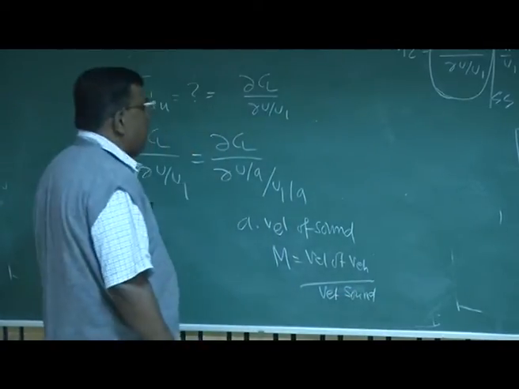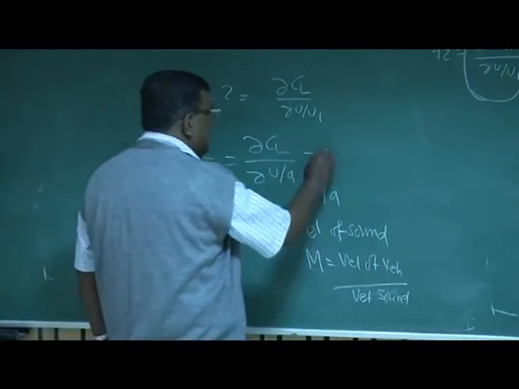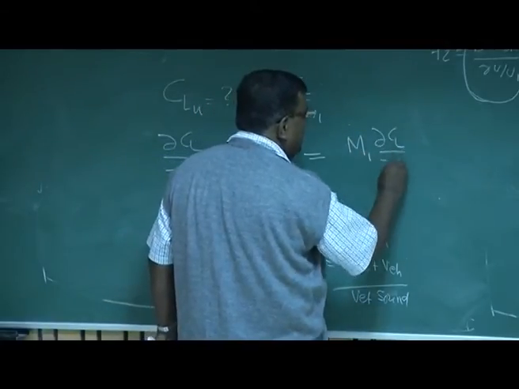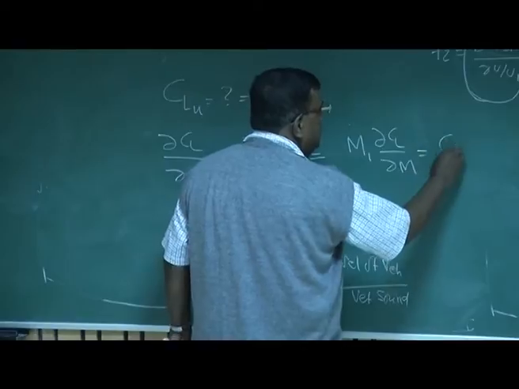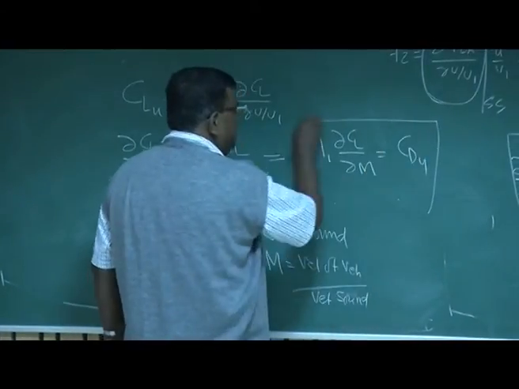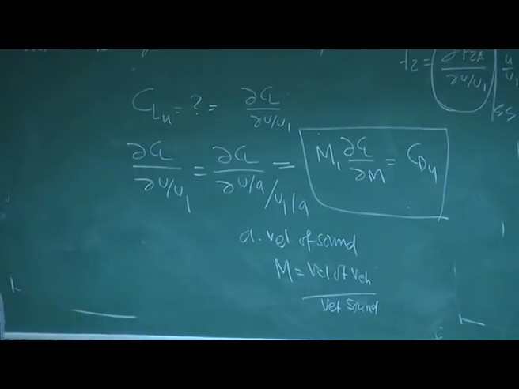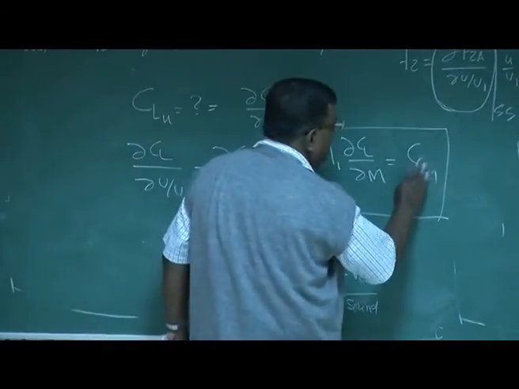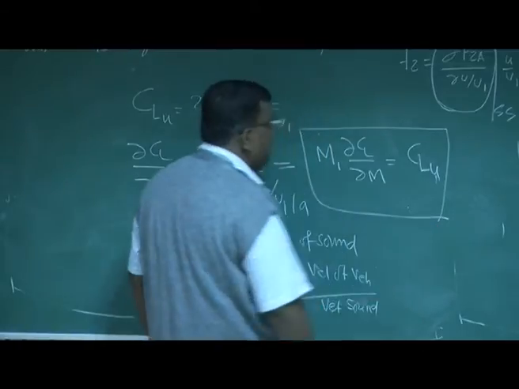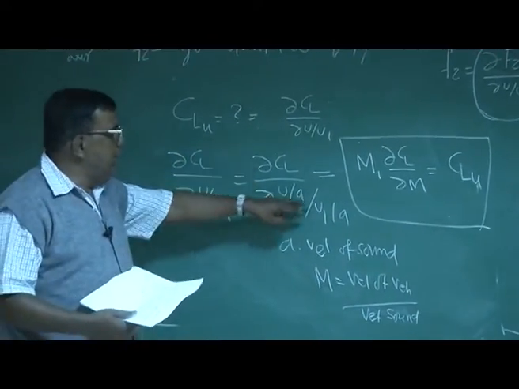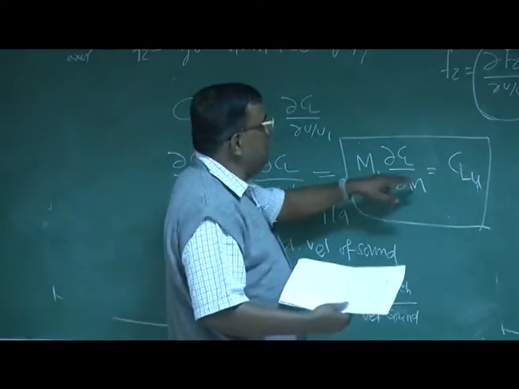So this I can write as M1 into dCl by dM. This is CLU, sorry, not CDU. Equivalently, dividing by a, I get M1 dCl by dM is CLU.